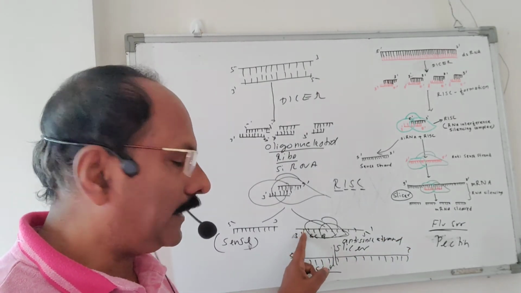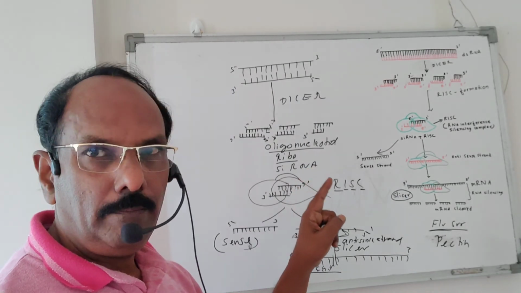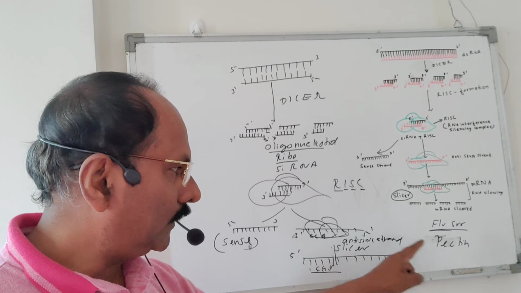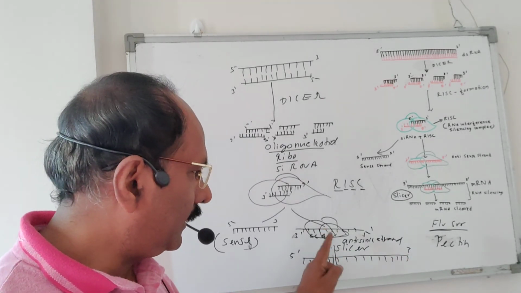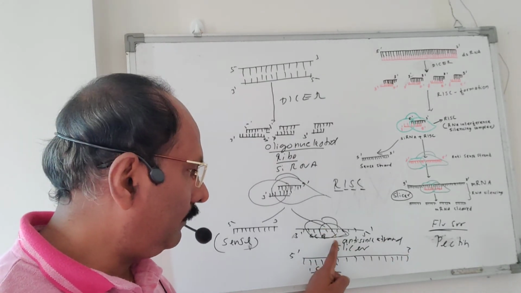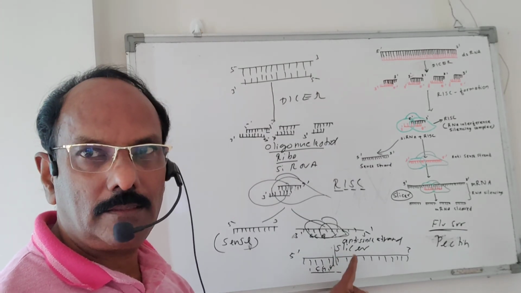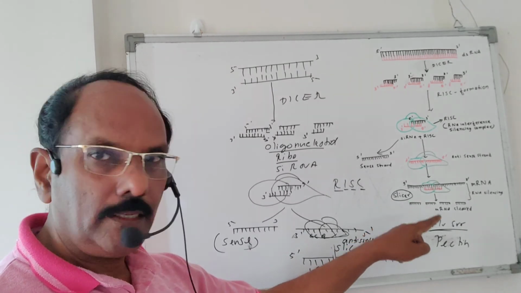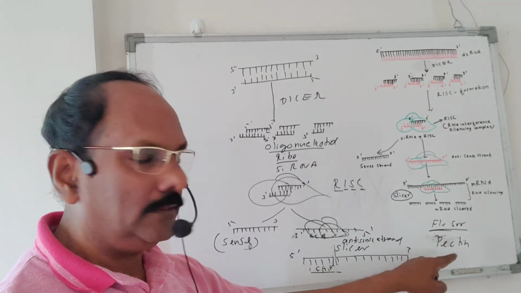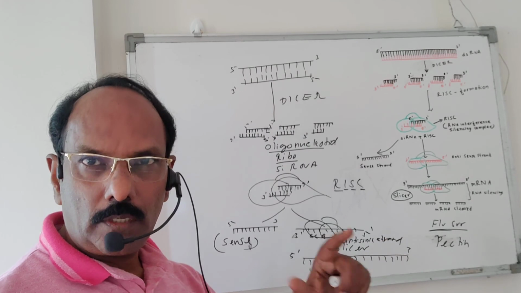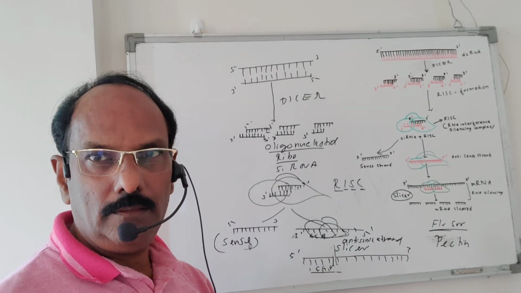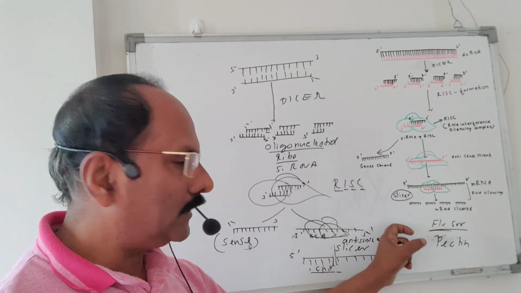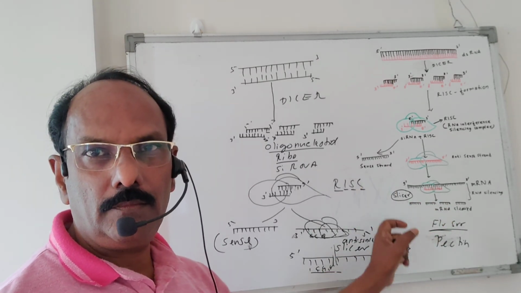So this antisense strand attaches to the mRNA which is producing the glucuronidase. When it attaches to this mRNA, the mRNA becomes inactivated, destroyed, so the glucuronidase cannot be produced. When glucuronidase cannot be produced, the pectin remains as such, so the tomato has an outer pectin coat that is very hard. So this tomato can remain for a longer period. So this is one of the simplest applications of RNA interference in agriculture.